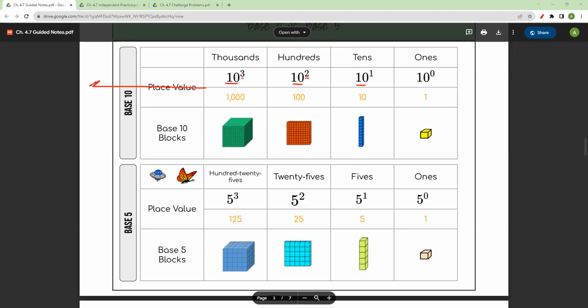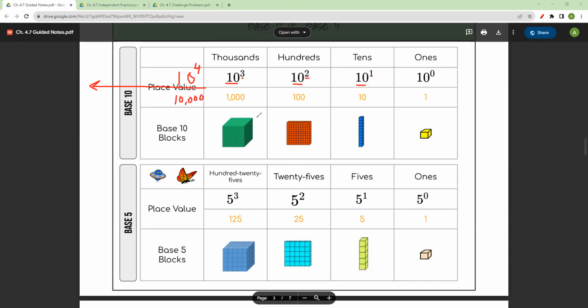It continues on indefinitely into infinity. This would be 10 to the fourth, right? 10 to the fifth. And then as our place value continues to the left, we could assign values to these. So our 10 to the fourth, we could evaluate that. We know that's 10,000, right?